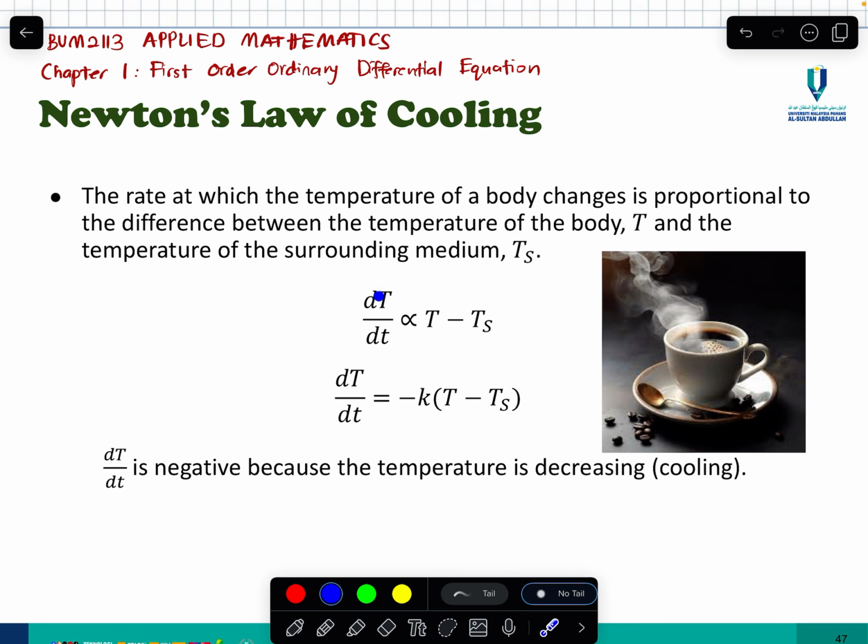So the rate of change of temperature of a body is proportional to the difference T minus Ts. Then the proportional sign can be converted into a constant, negative K. The negative K is because the temperature is decreasing, or cooling.